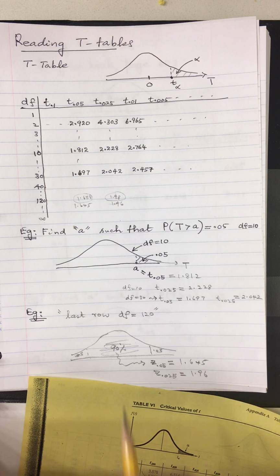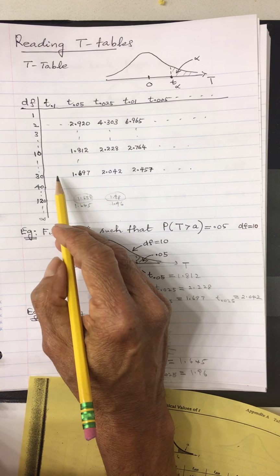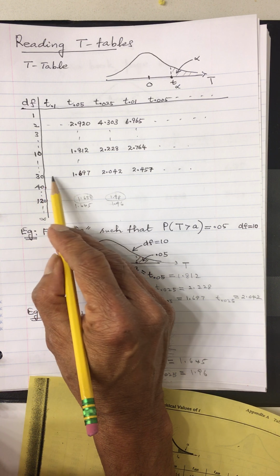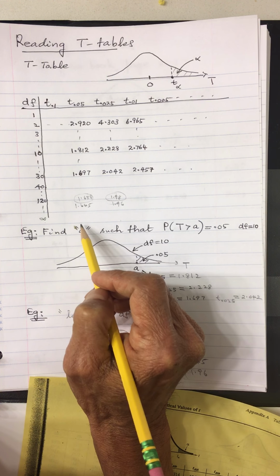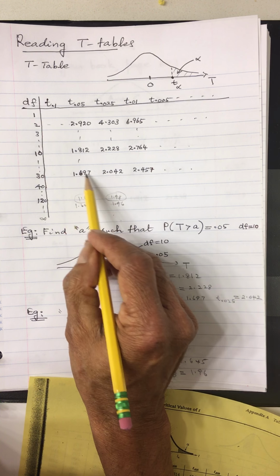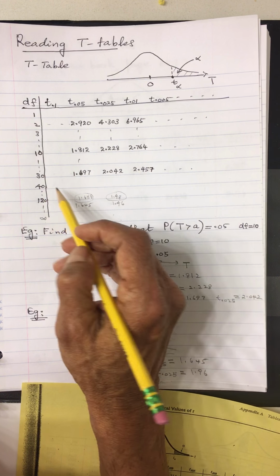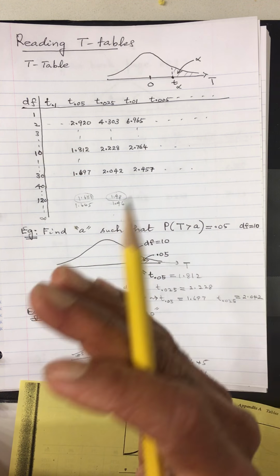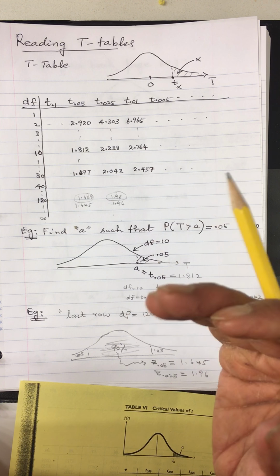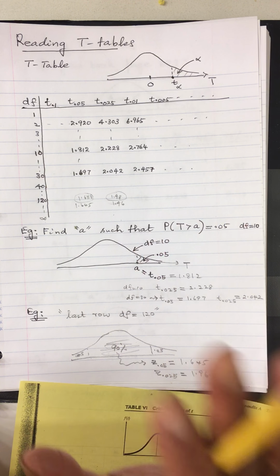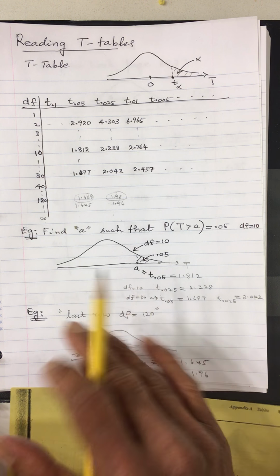So that will match. What happens is that after 30, these values are somewhat close to the z table values. That's one of the reasons I said in the beginning that people sometimes consider 30 a big enough sample, but I will discuss that later.